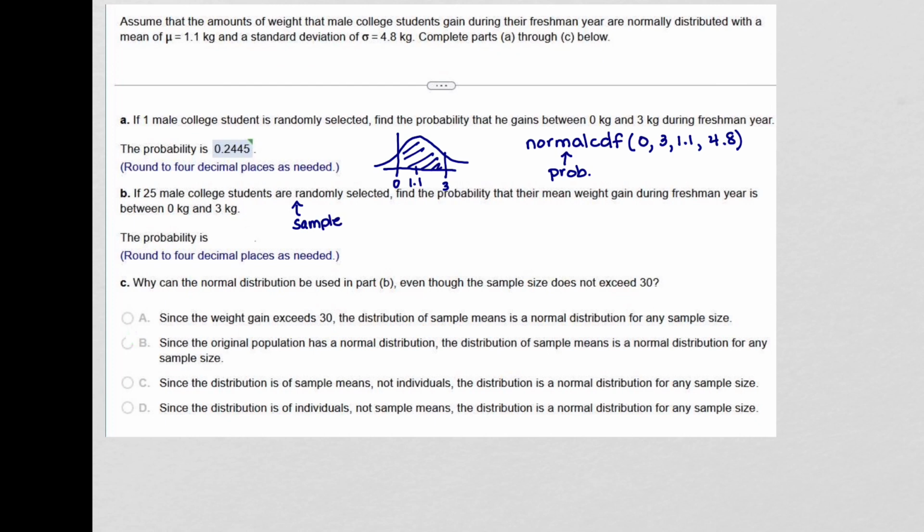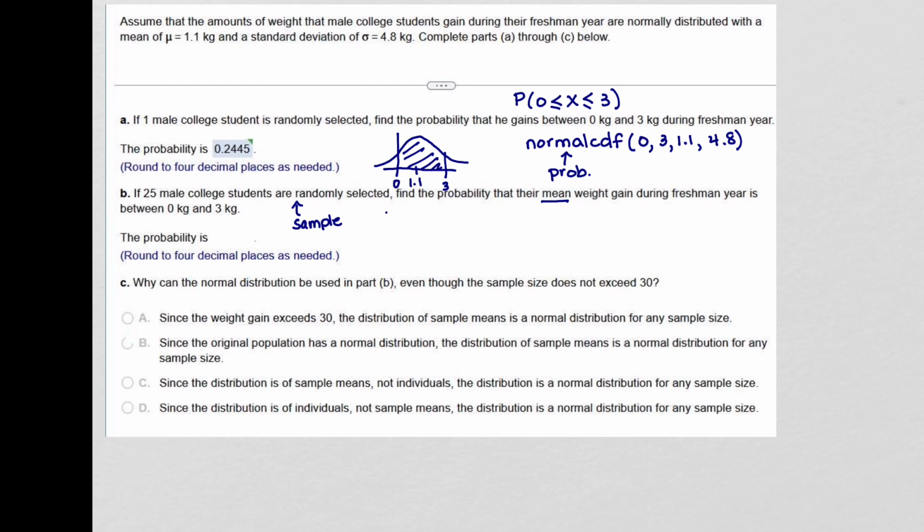I want to find the probability that the mean weight gain is between 0 and 3 kilograms. So in the previous problem, we were finding the probability that the weight gain, which is our random variable, was between 0 and 3 pounds.